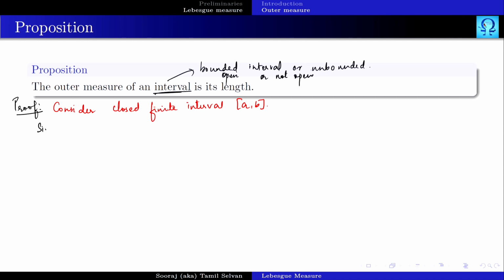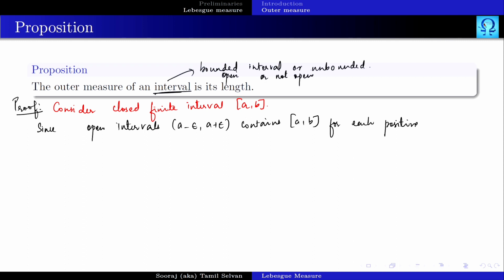Now, the open interval (a minus epsilon, b plus epsilon) contains [a, b] for each positive epsilon we have.